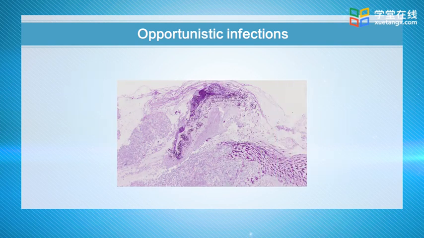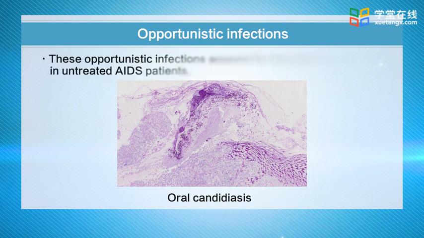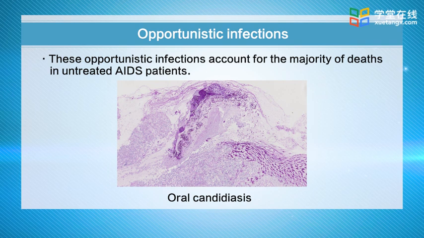If HIV is not treated, the loss of those cells leads to the development of serious infections caused by organisms which would not normally lead to infection in healthy individuals. These opportunistic infections account for the majority of deaths in untreated AIDS patients.